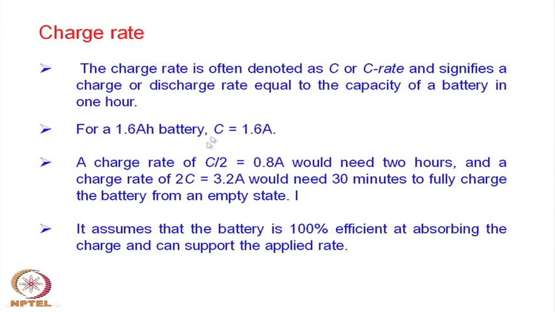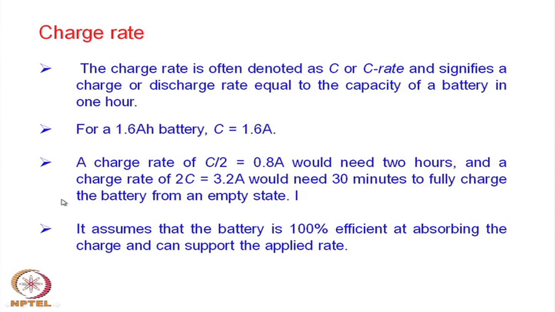A charge rate of C/2 means 0.8 ampere, half of 1.6, which would be needed for 2 hours, and a charge rate of 2 C, that means double the value of the capacity, 3.2 amperes, would need 30 minutes, half the time, to fully charge it.